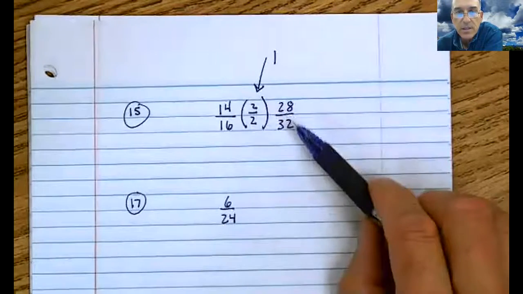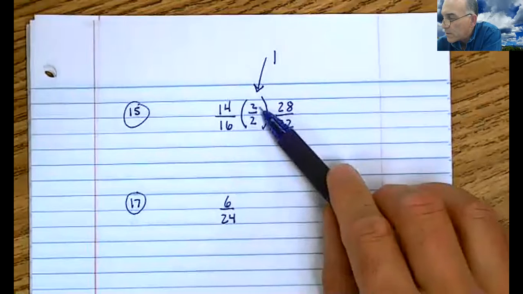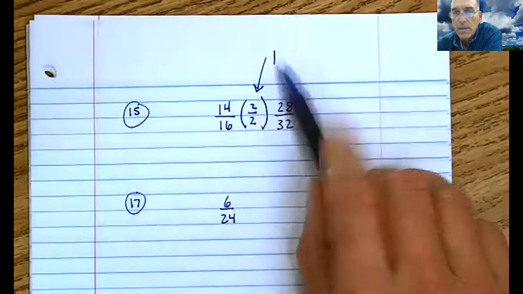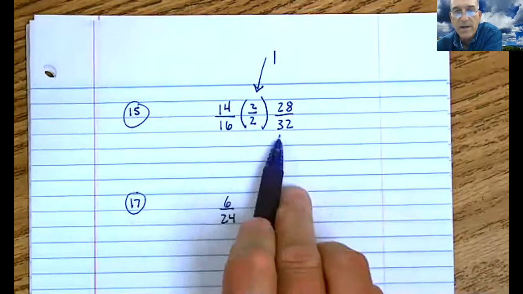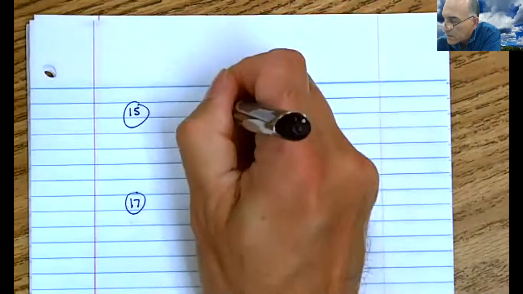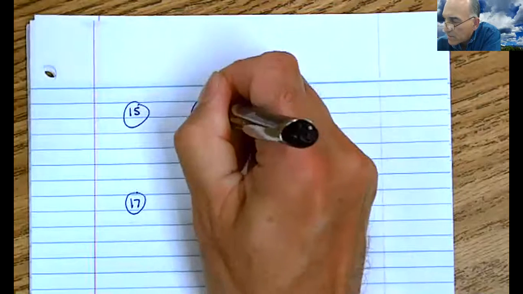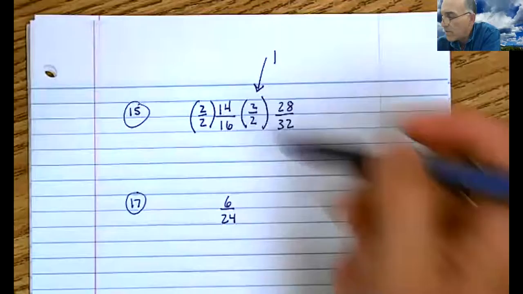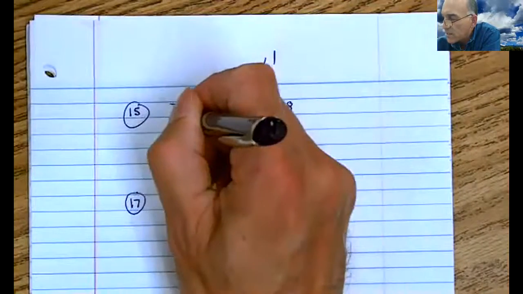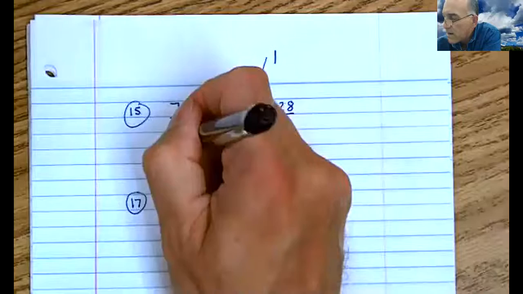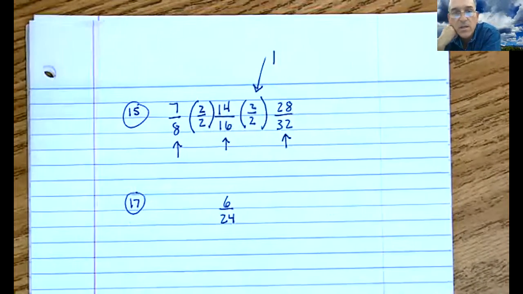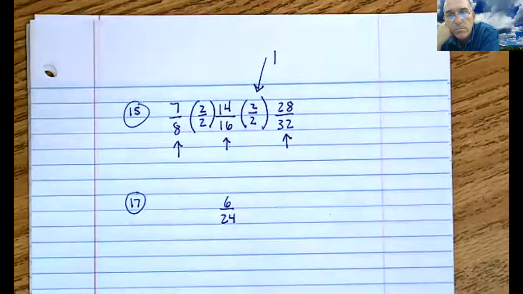It's the loneliest number. So notice 2 divided by 2 equals the 1. That's what I'm talking about. I just multiplied and I got that fraction. Since I spread this out over here, I could divide by that. If I divide by that, I now get 7/8. So I have 3 equivalent fractions. Different number, same amount.